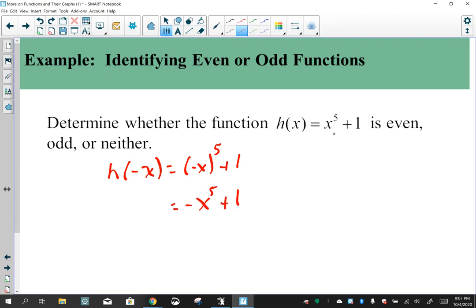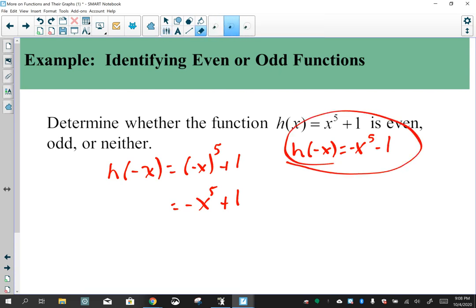So I did not get a sign change on everything, because in order for it to be odd, I need it to look like negative x to the fifth minus 1. That's what I need it to look like in order for it to be considered odd.